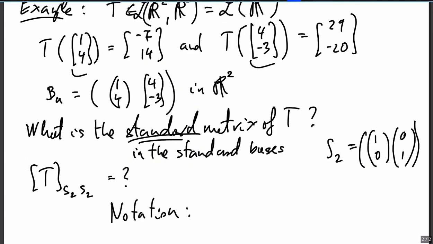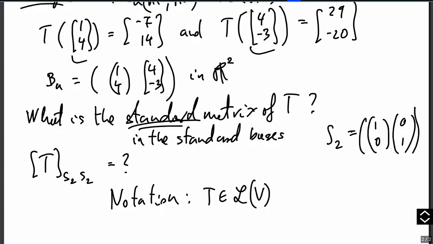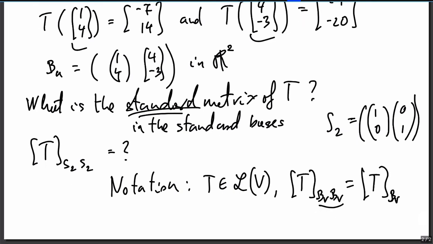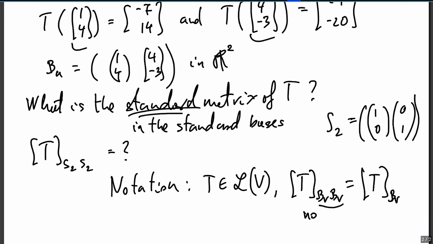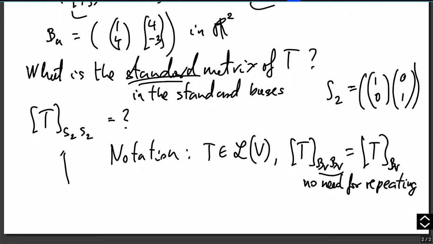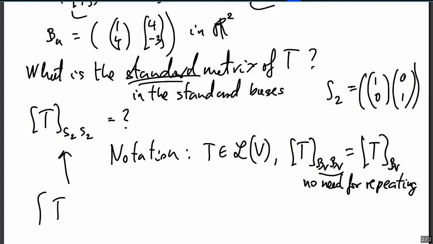Notation for linear operators: instead of using the same basis twice, like BV, BV, we just write this down once. So no need for repeated notation. That means that what we are looking for is just the matrix representation of T in the standard basis.